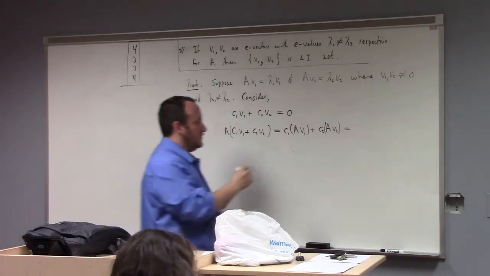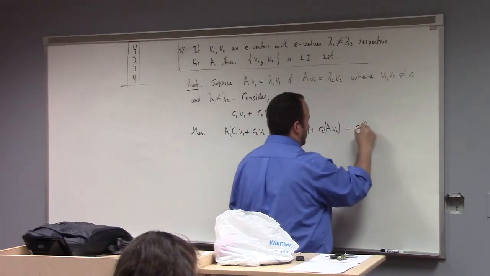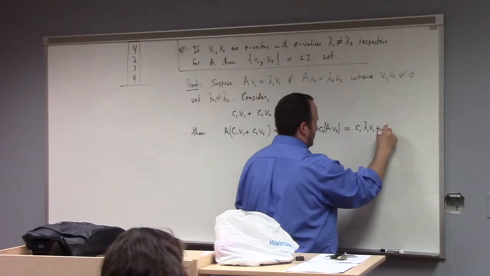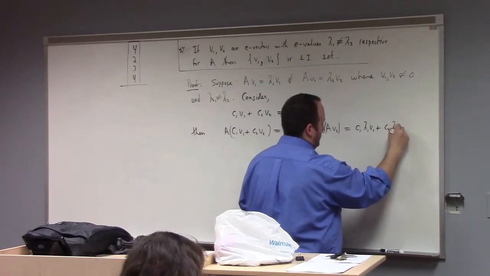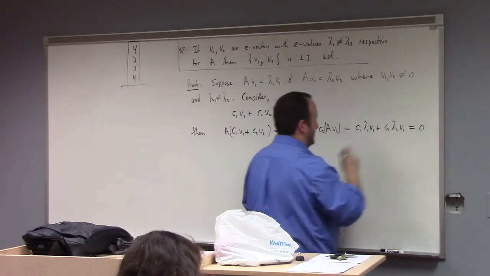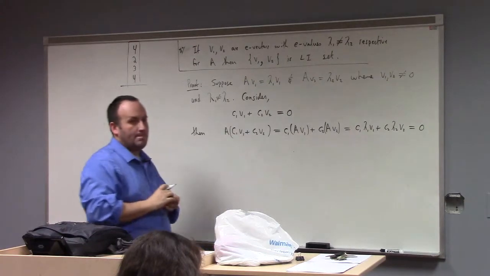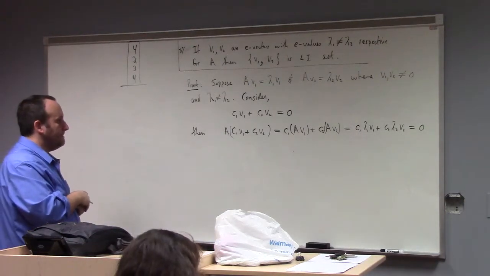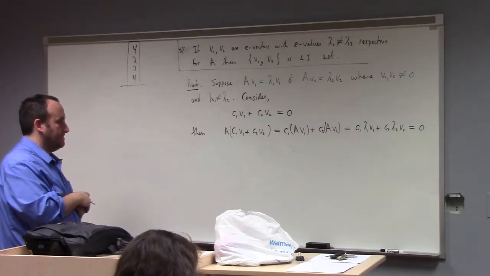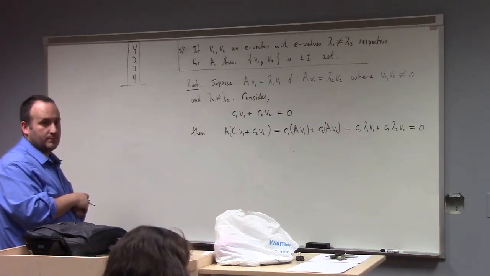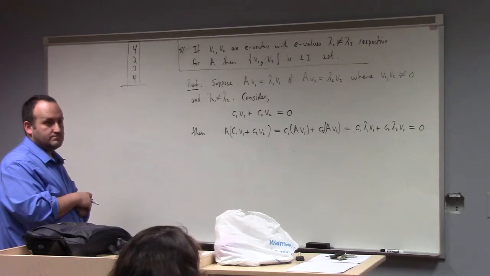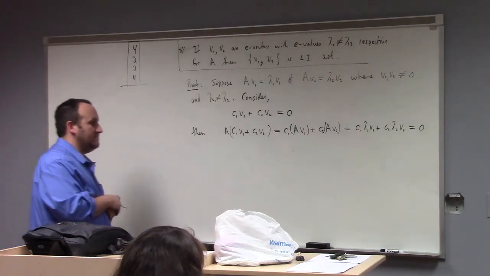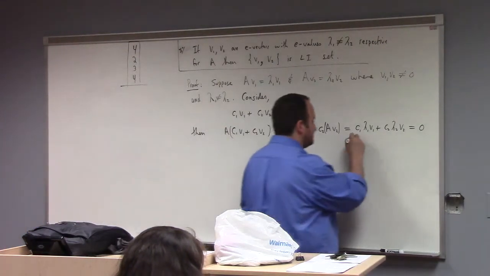So this is c1 lambda 1 v1 plus c2 lambda 2 v2, and that's all equal to 0, right? Let's give that thing a name. Let's call this star.